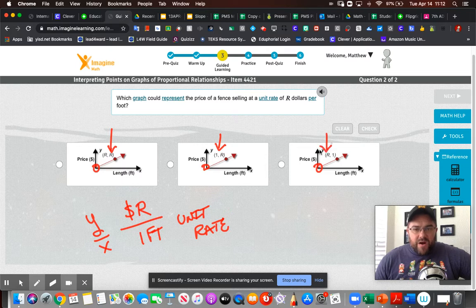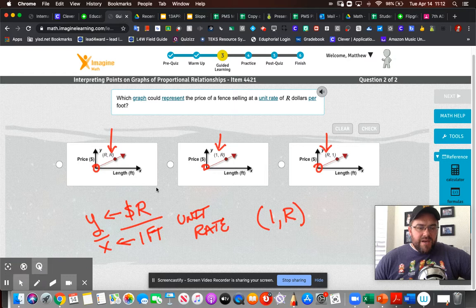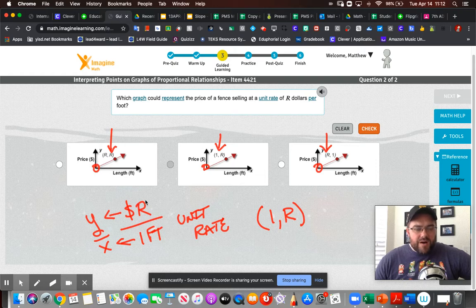I don't know what R is, but I do know that this 1 foot is an x coordinate. So that means that this is a y coordinate. So if I set this up to look like a point, it's going to look like 1 comma R. Now, which one of our graphs shows us 1 comma R? Well, it looks like it is this one right here. Notice this one says R, R. So this one's comparing dollars and dollars, because remember, R is dollars.